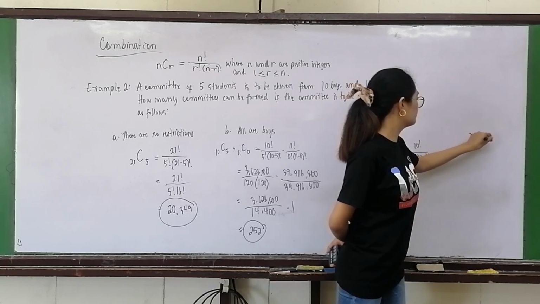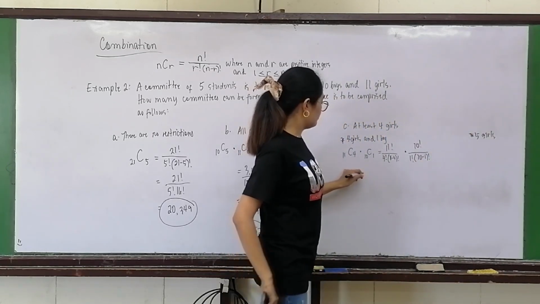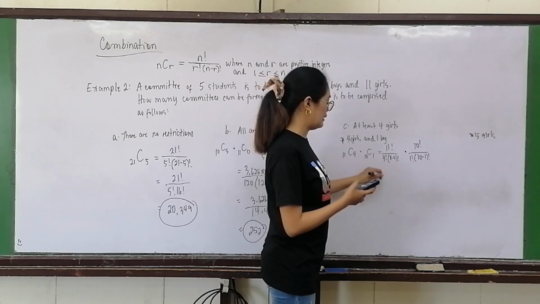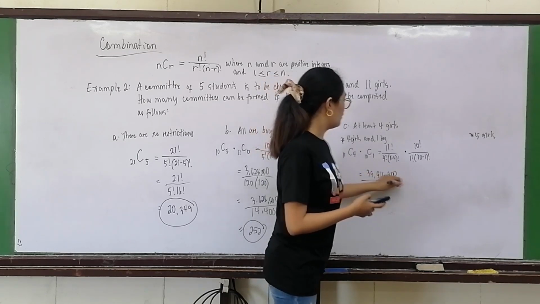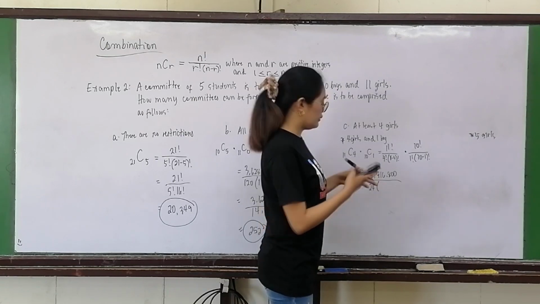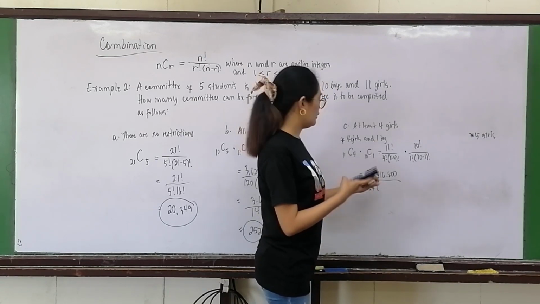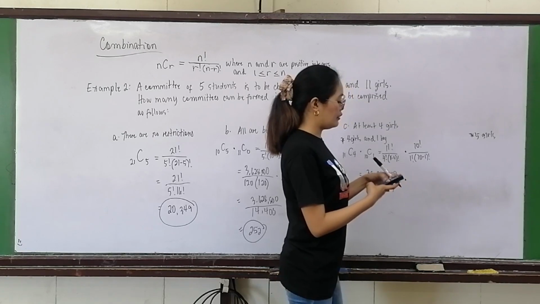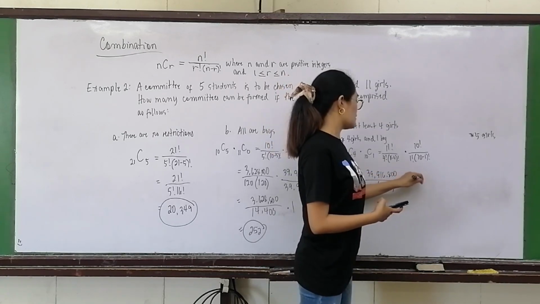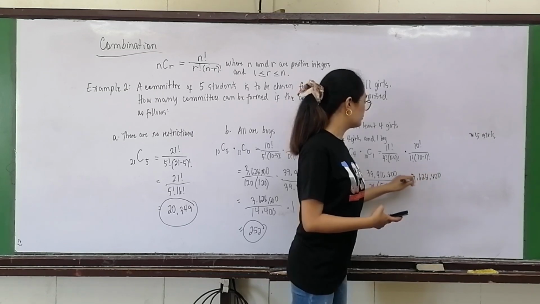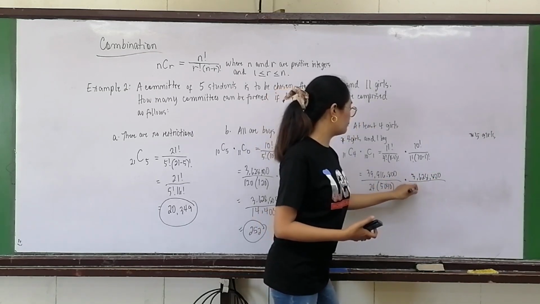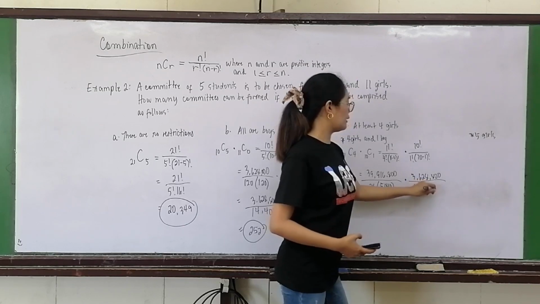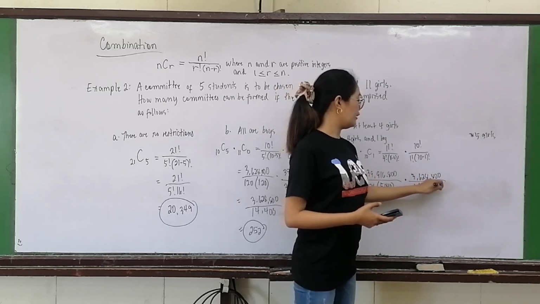Now we get 11 factorial, which is 39,916,800, over 24 times 7 factorial, which is 5,040, times 10 factorial, which is 3,628,800, over 1 factorial or 1 times 9 factorial, or 362,880.